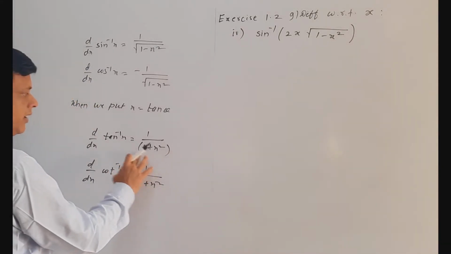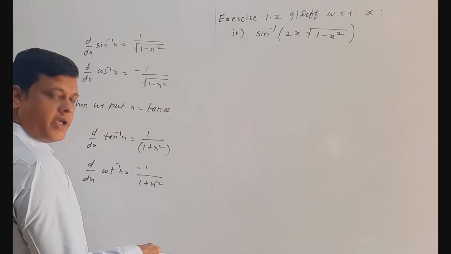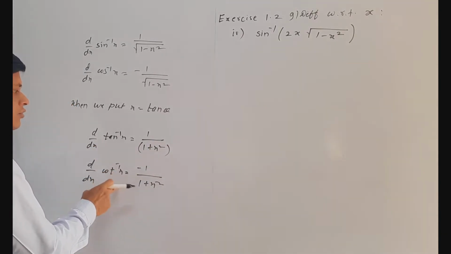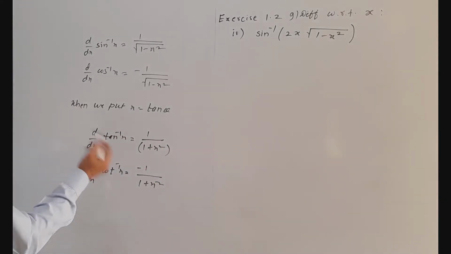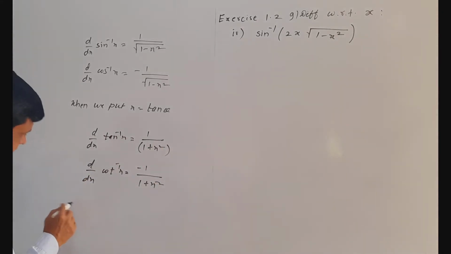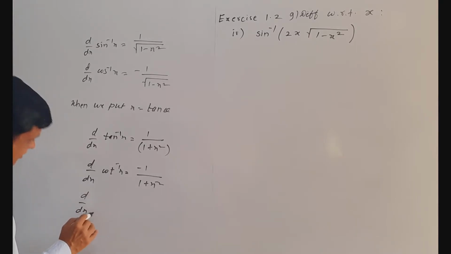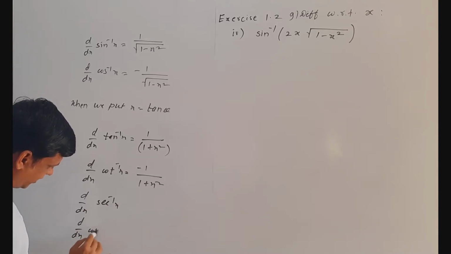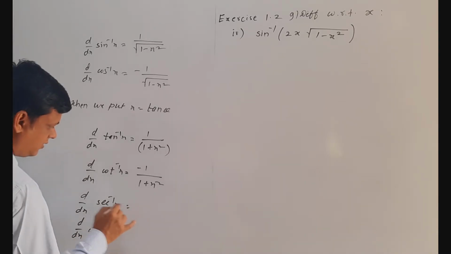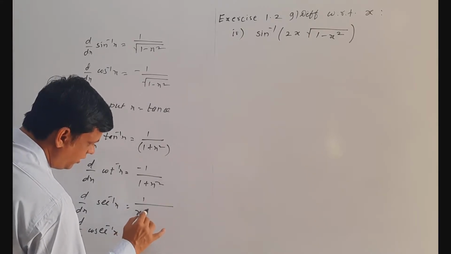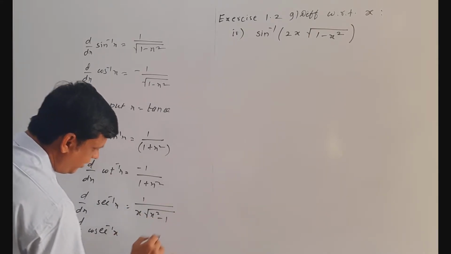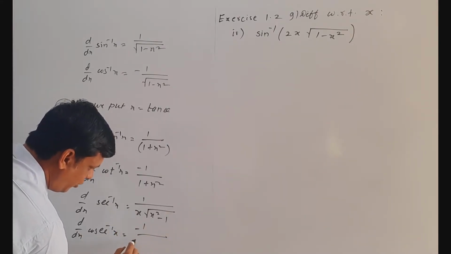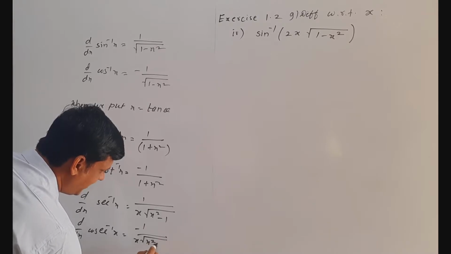That means when we see 1 plus x square in an example of that type, we substitute x equals to tan theta or x is equals to cot theta, and we know the third formula, d by dx of sec inverse x, d by dx of cosec inverse x. Derivative of sec inverse x is 1 upon x into under root x square minus 1, and derivative of cosec inverse x is minus 1 upon x into under root x square minus 1.